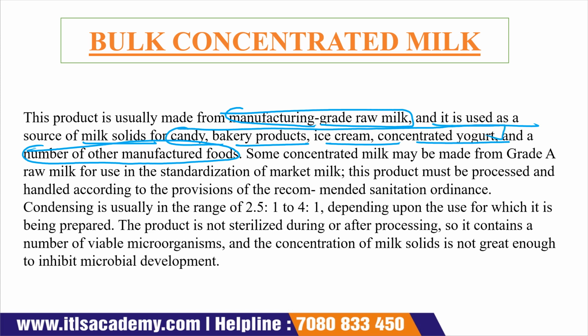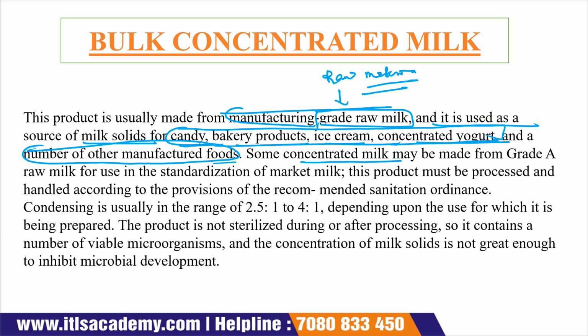First of all, this product is usually made from a manufacturing grade raw milk. So the raw material is the manufacturing grade raw milk. And now this milk is used for the manufacturing of different food products, that is candies, bakery products, ice cream, concentrated yogurt, and a number of manufactured foods.